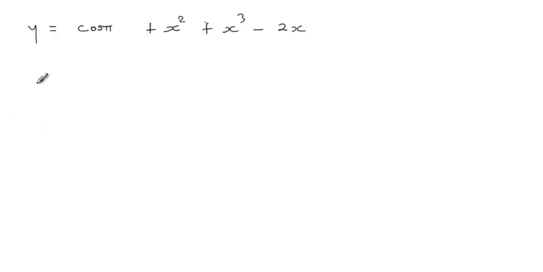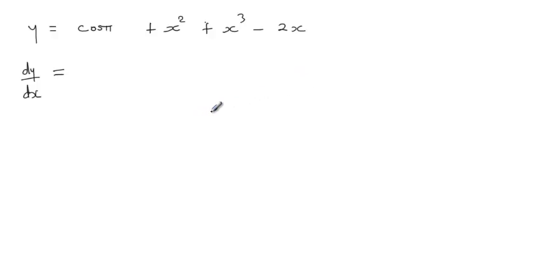Then let's calculate dy/dx. Now, I've given you enough time to think about this. Can you now tell me what the derivative is here? Tell me, there are 1, 2, 3, 4 terms.